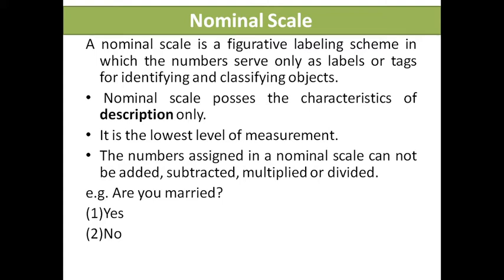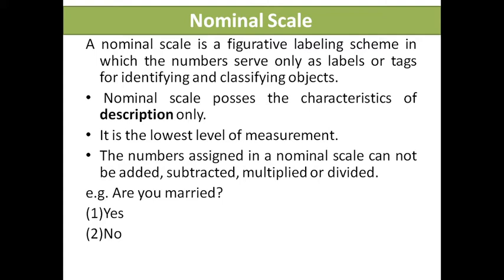The numbers assigned in nominal scale cannot be added, subtracted, multiplied, or divided. It means the numbers are used only for description purpose or for labeling purpose. So those numbers used in nominal scale are non-numeric characteristics.